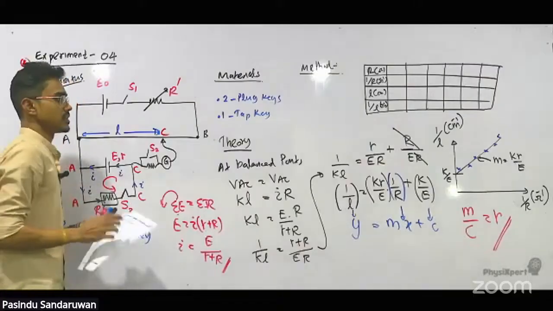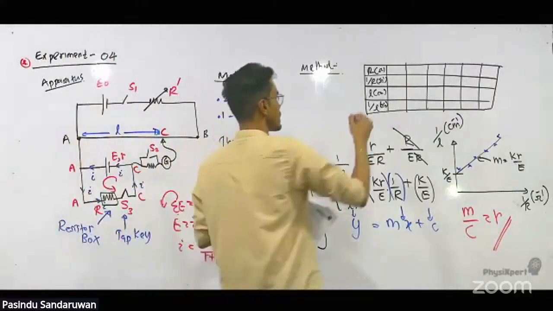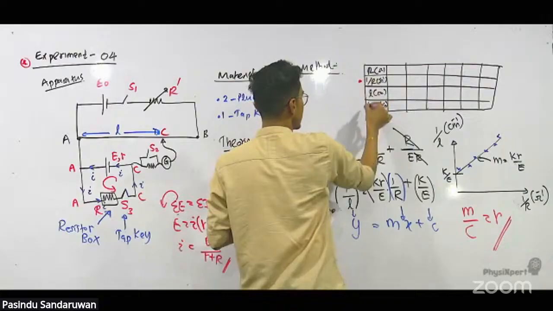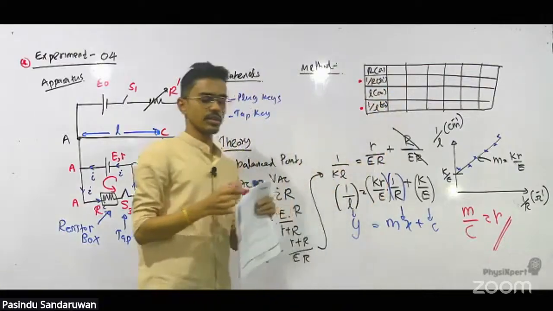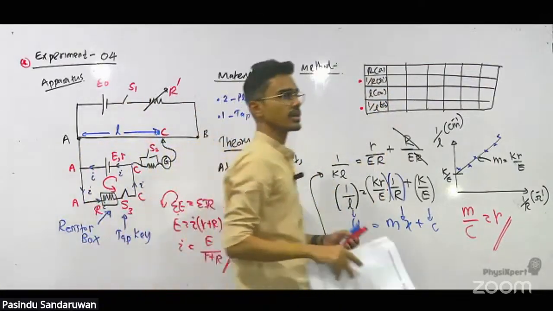So what we need to plot the graph is these two: 1 over R and 1 over L. Plot the graph.